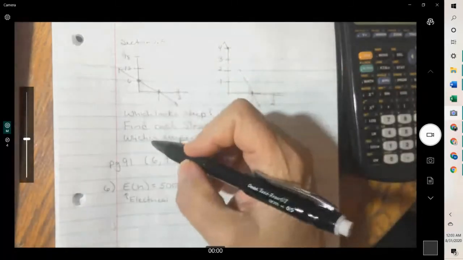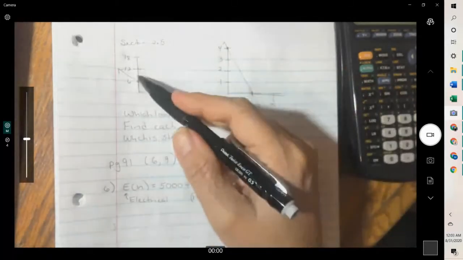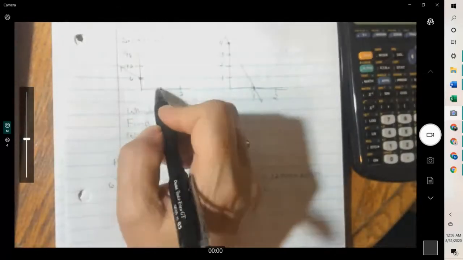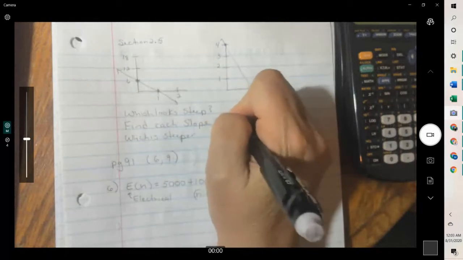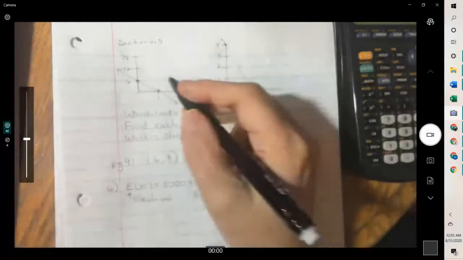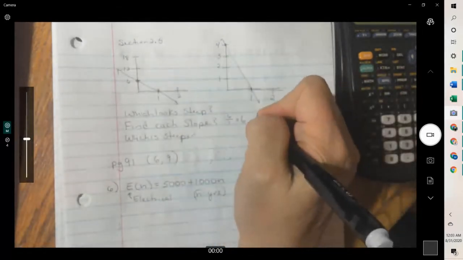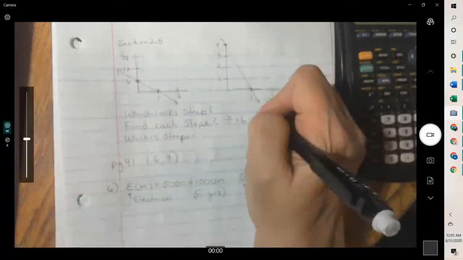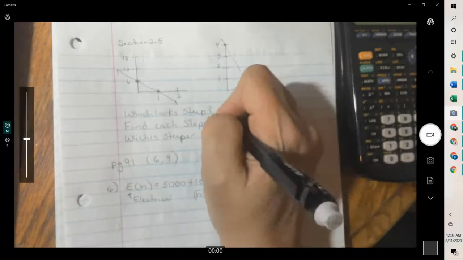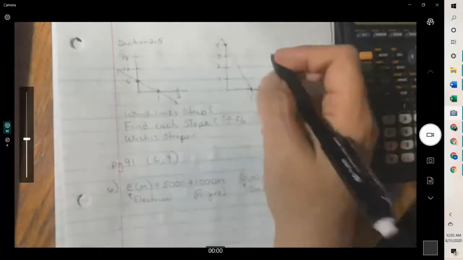And so if we look at the slope here, notice we're going down 6 and over 1. So the slope of the first one is 6. It should be negative 6, though, because it's decreasing.